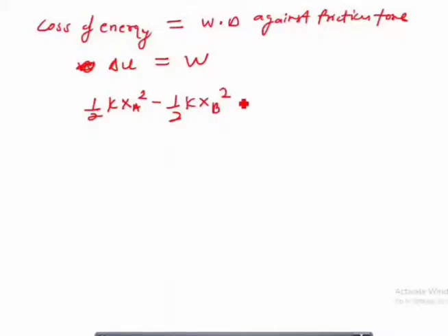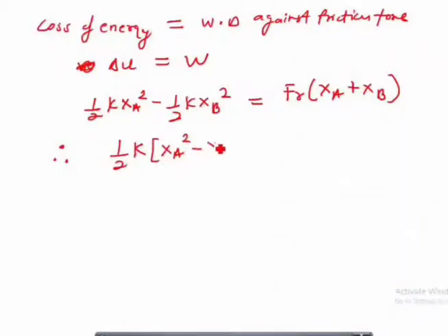is equal to W, which is Fr into (XA plus XB). See how I am deriving this. If I take 1/2 K common, I get XA square minus XB square equals W. Now a square minus b square means (a minus b)(a plus b).